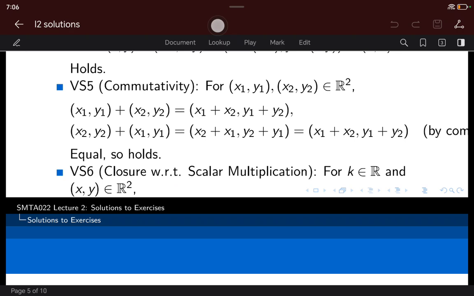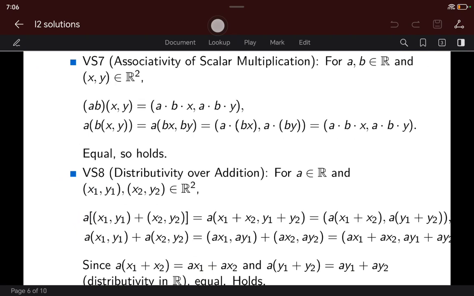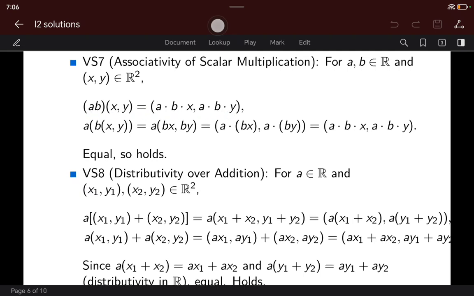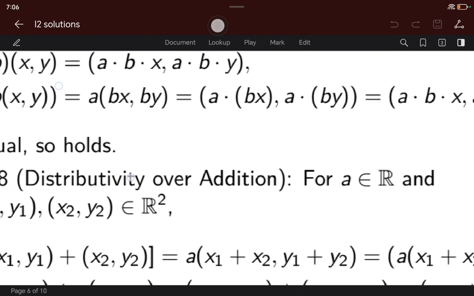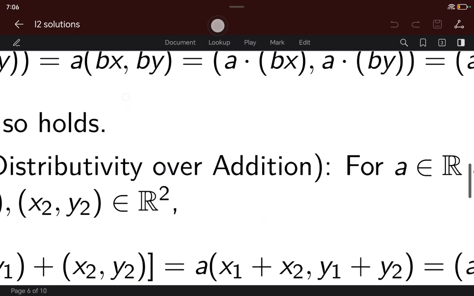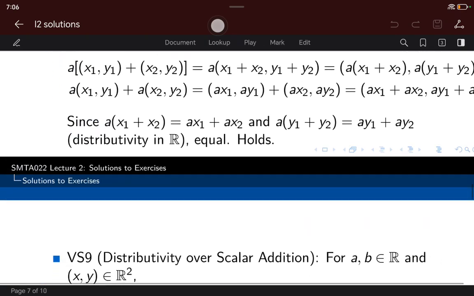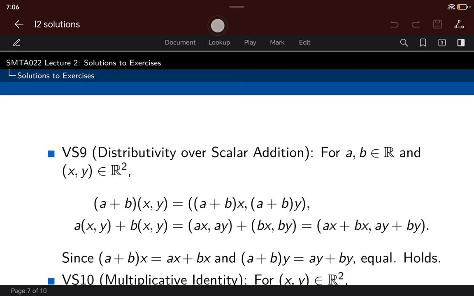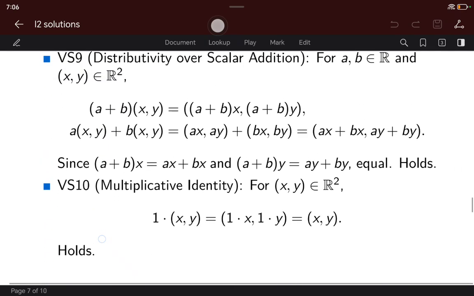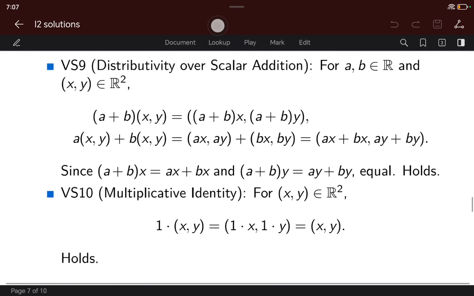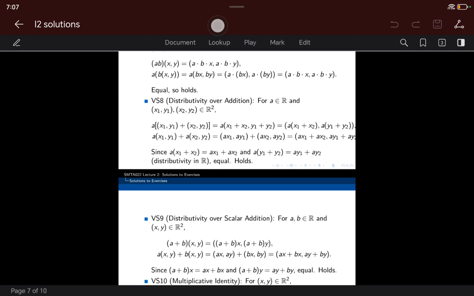Then you look at the associativity of scalar multiplication. Remember, you can start with adding two vectors, then multiply by a scalar, then the one where you add two scalars, multiply by a vector, and then you remove the plus at the end to have AB times a vector.